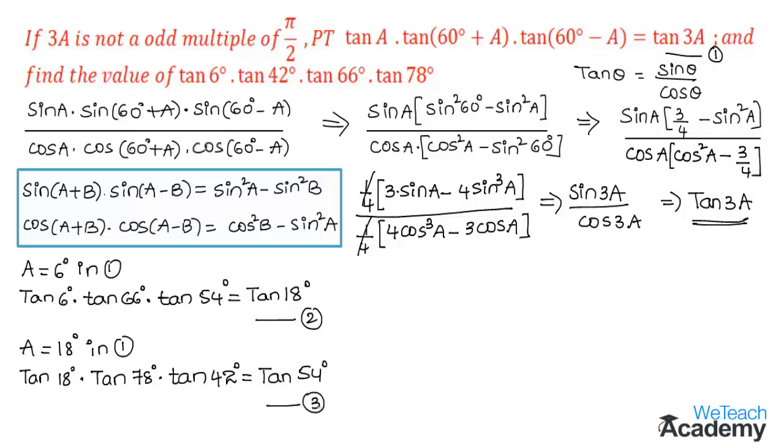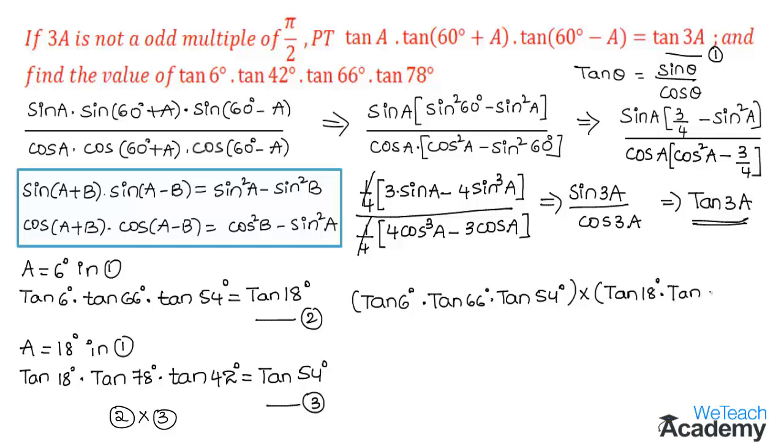And now let us multiply equation 2 with equation 3. By multiplying, we get tan 6 degrees into tan 66 degrees into tan 54 degrees into tan 18 degrees into tan 78 degrees into tan 42 degrees on the left hand side. And on the RHS, we get tan 18 degrees into tan 54 degrees.